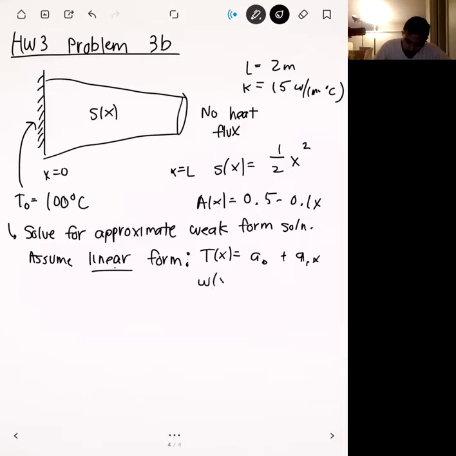And then w of x here is going to be b0 plus b1x. Let's go about solving this using the method that we talked about before. The first step is we're going to apply our Dirichlet boundary condition.